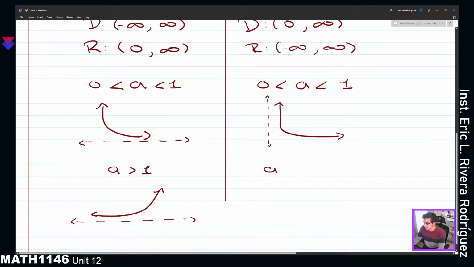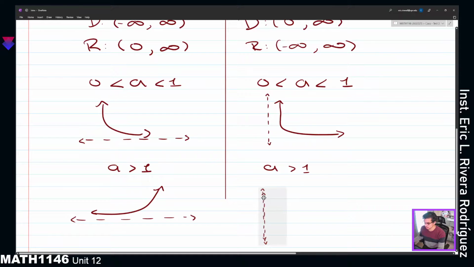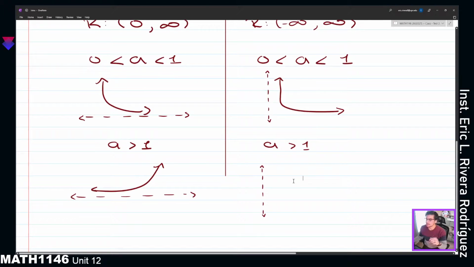And when a is greater than 1, the shape right now, I don't think it will be so important as when we work with transformation of functions.